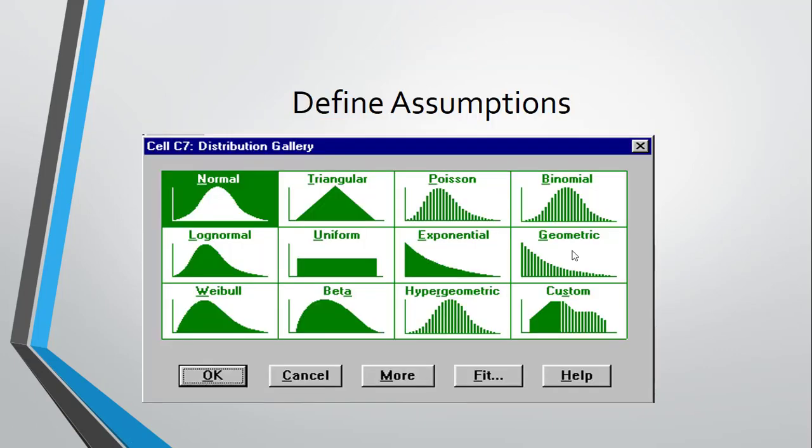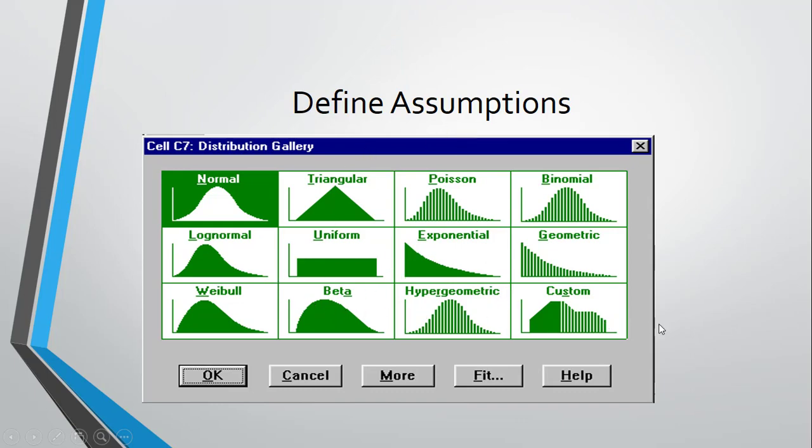So the software allows you to use different assumptions. They have a distribution gallery. You can assume normal distribution for your savings, or a triangular like this, or Poisson, or binomial, lognormal, uniform, exponential, geometric, Weibull, beta, and all others are custom distributions.